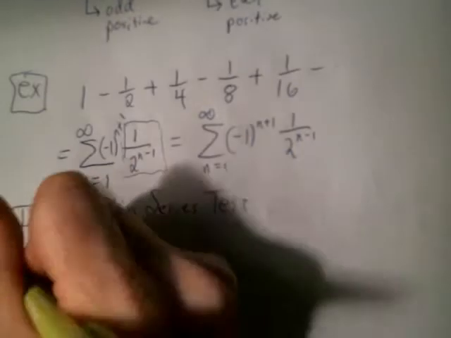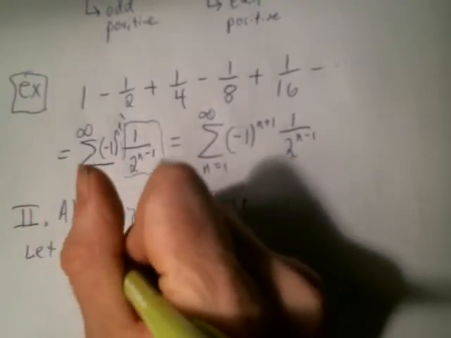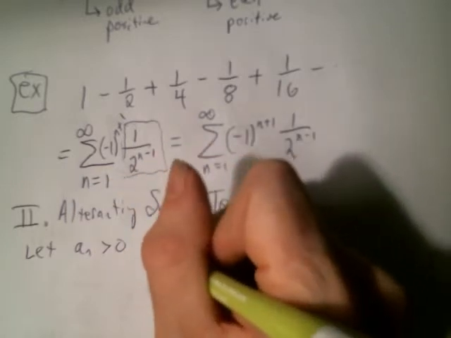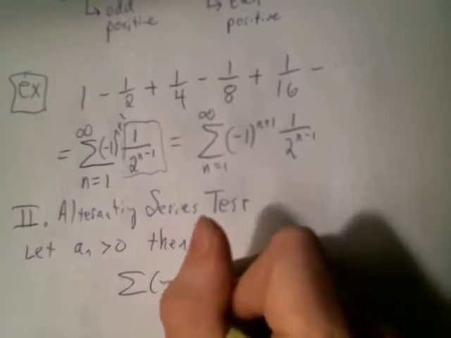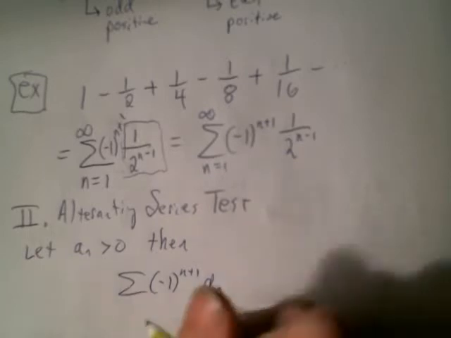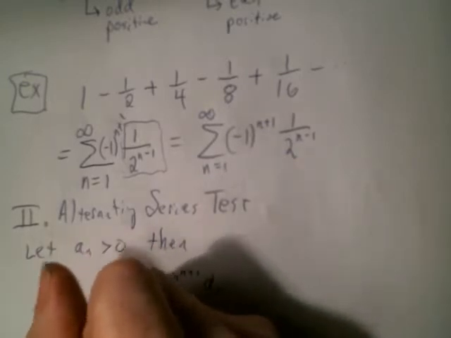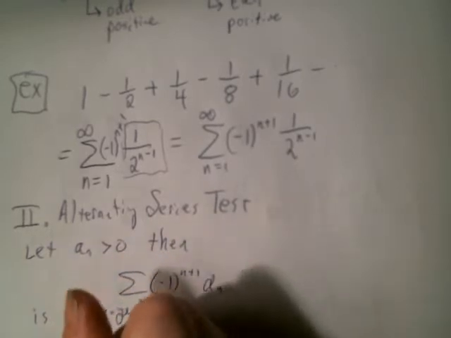The deal will be you have some positive a sub n expression, and you're trying to see if your series, of either type, I'll just put the n plus 1 type here, is convergent if the following criteria hold.